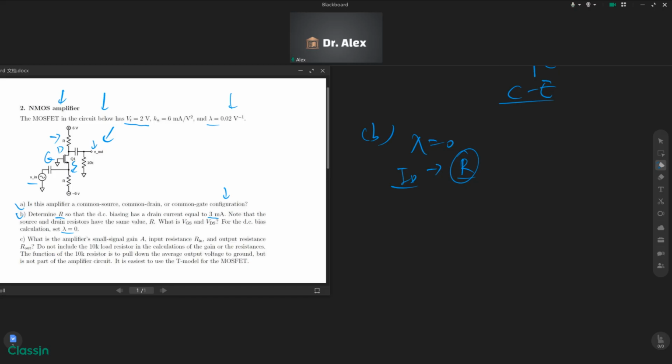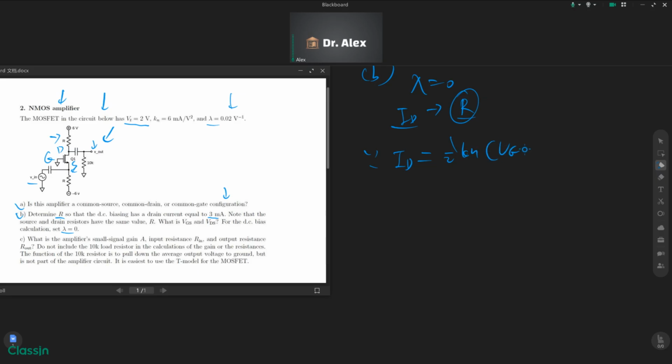So let's solve for the voltage across the resistor R. By definition, ID equals Kn over 2 times (VGS minus VT) squared. We know the value of ID is 3 milliampere, and Kn is 6 milliampere.